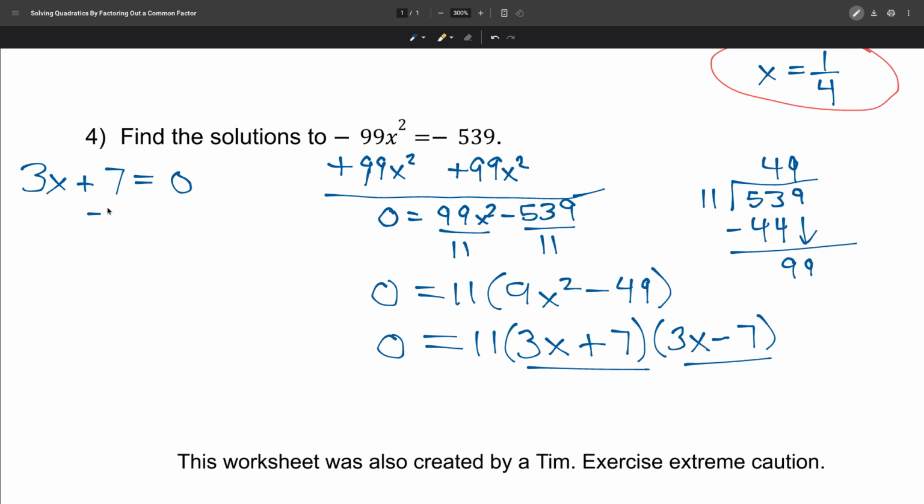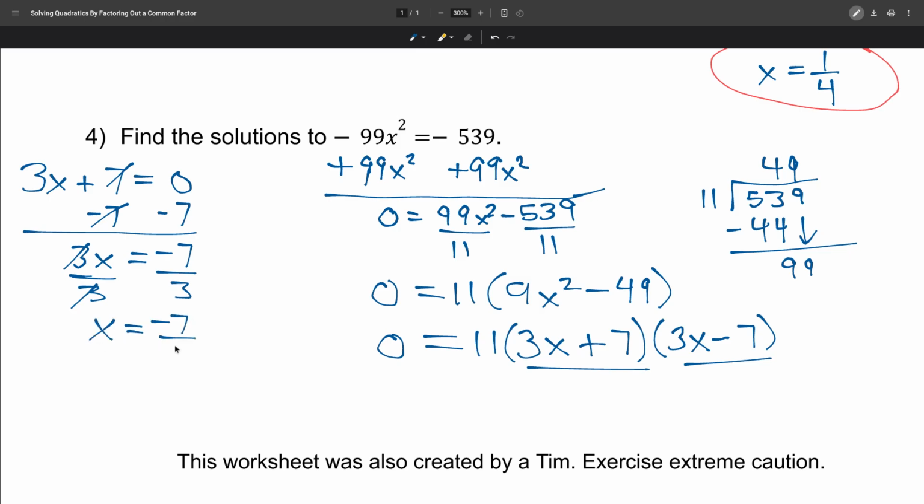We'll subtract 7 from both sides. 7 minus 7 is 0. We get 3x equals negative 7. Divide by 3. So one of our solutions is x equals negative 7/3. And then let's make some room over here.